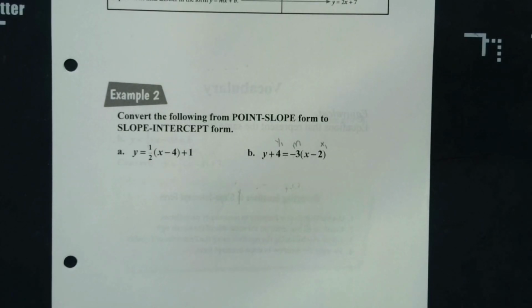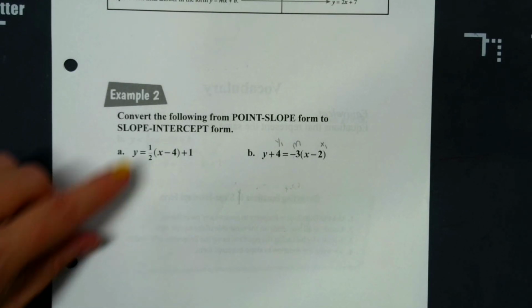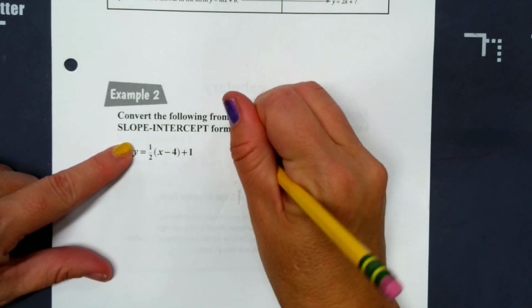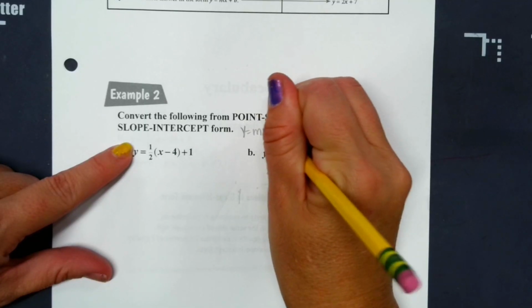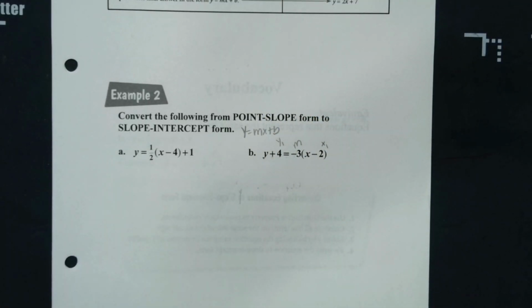Okay, so what we're going to be doing is we're going to be turning these into, again, slope-intercept form. So slope-intercept form is y equals mx plus b.